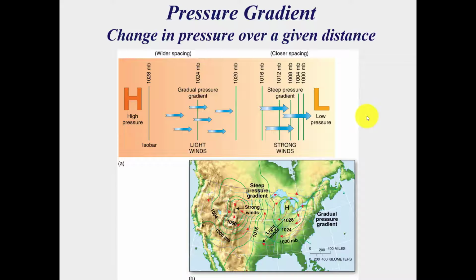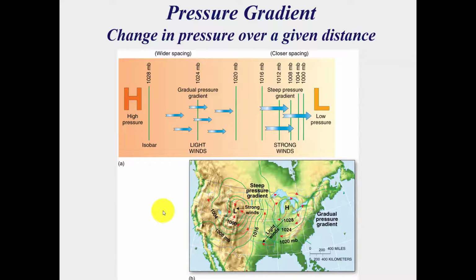Okay, looking at the numbers on the isobars, we have 1000 millibars, then 1004, 1008, an increase of 4 increments until you get to, on this map, the highest isobar pressure, which is 1028.